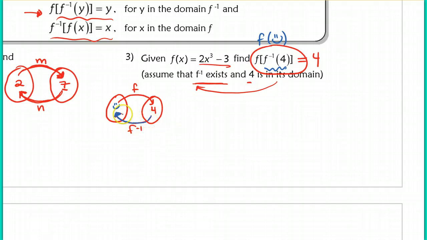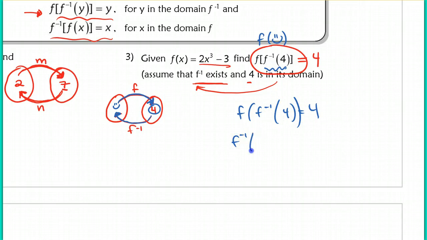The output from f inverse is now the input for f, and I get right back to 4. So it's pretty conceptual, but you need to understand what the identity means and be able to use it. f of f inverse of 4 equals 4, just as f inverse of f of 4 would equal 4 as well. These are fundamental. You need to know that.